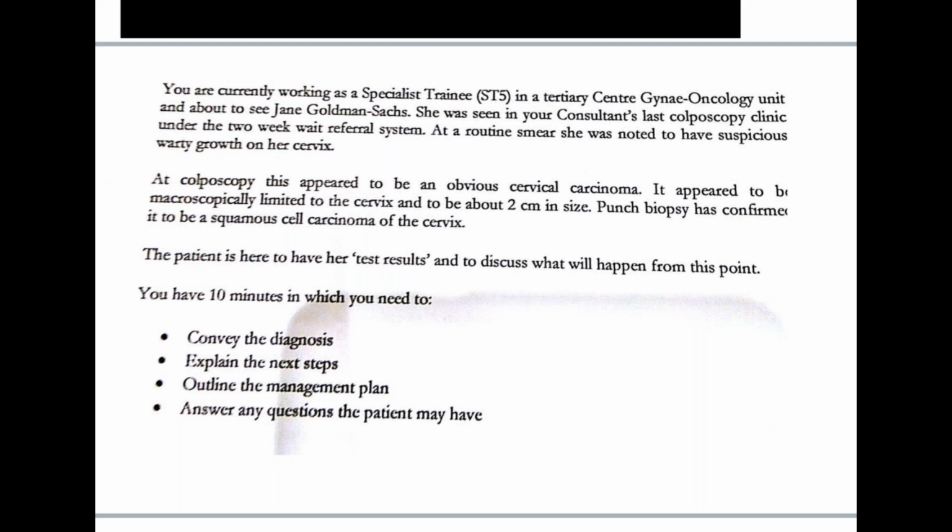And for your knowledge, it may extend up to the para-aortic lymph nodes. To decide which one you need, we need to know whether your cancer is spreading to any of the lymph nodes or not. So if it is involving some lymph nodes, we need to do the radical hysterectomy.